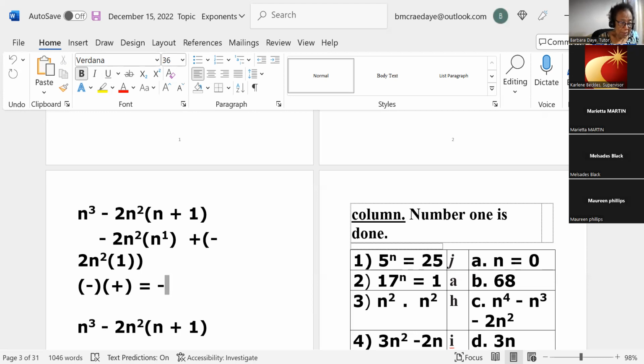But if you have plus times plus, you get plus. A minus times minus will give you plus. So you have a minus 2 times a plus 1. What would that give you, Marietta?